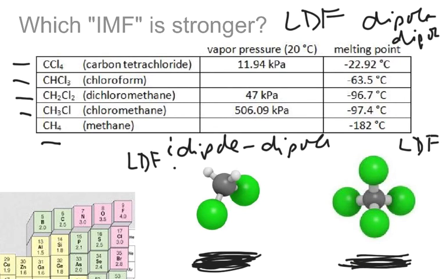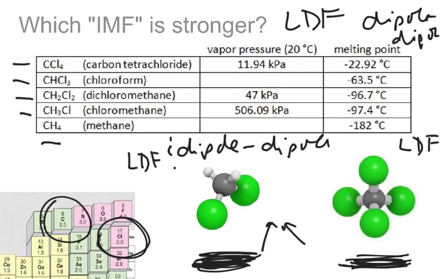But if we go back and look at this, chlorine has an electronegativity of 3.0, carbon 2.5, so even though it's maybe a slightly polar bond and a polar molecule, it's not very, very polar. So in this case, our dipole-dipole is not really all that strong of a force.